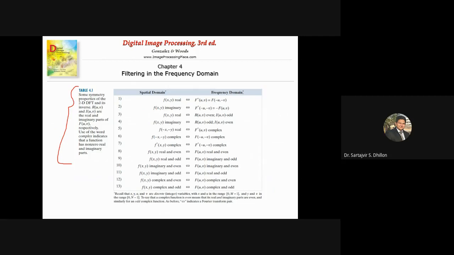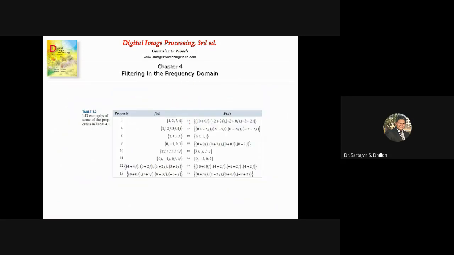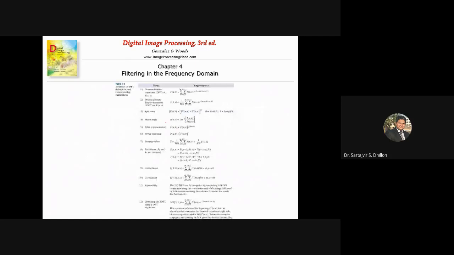There are symmetric properties of the two-dimensional DFT and its inverse in the spatial domain as well as in the frequency domain, and you can compare these two domains, frequency and spatial. There are examples of some properties of the spatial and frequency domains. Another topic is the different parameters involved in the DFT: inverse DFT, spectrum, phase angle, polar representation, power spectrum, and average value.